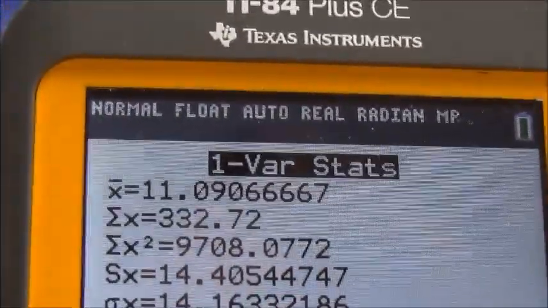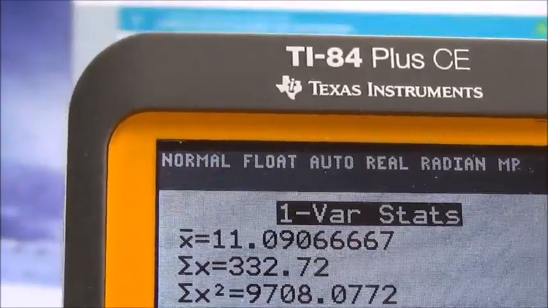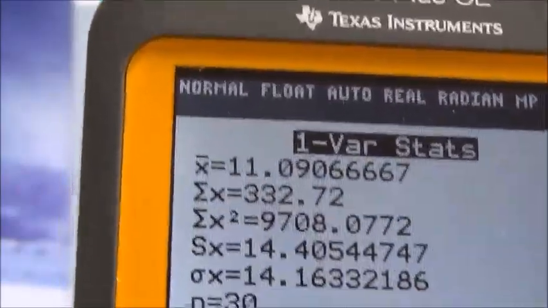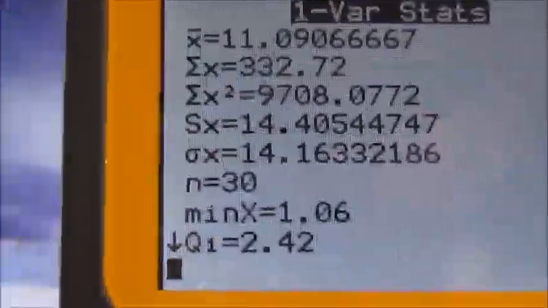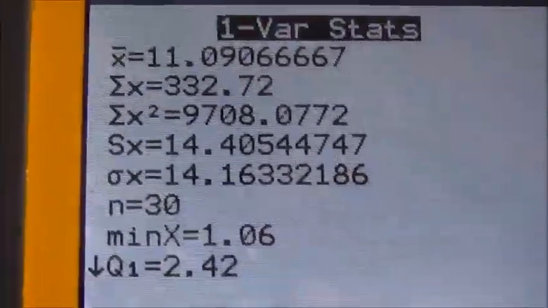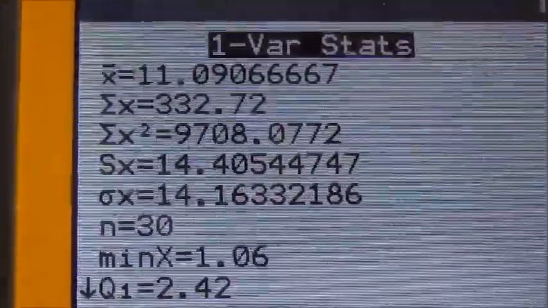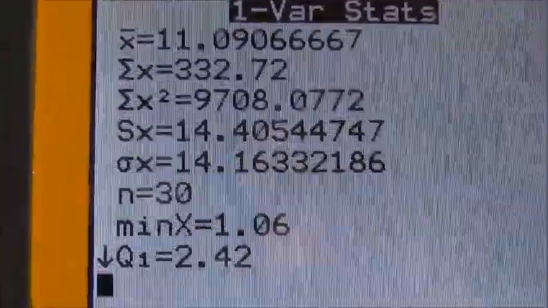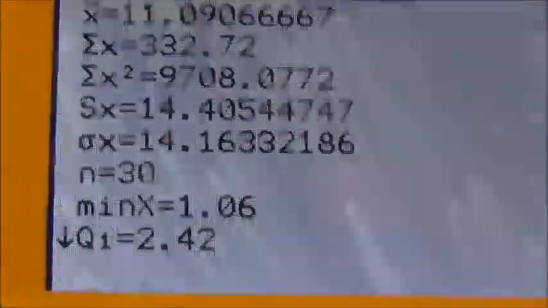And you can see that the standard deviation, we're doing the sample standard deviation, is 14.405, which is also listed in your problem. But if you need that when you are doing the ALEKS formula, you can put your list in and then do your 1 variable statistics to find that. You'll use the sample standard deviation, not the population standard deviation.